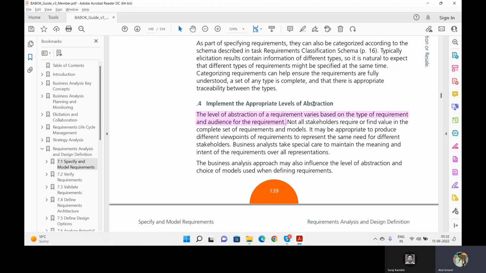If I'm talking to the end user, I'm not going to show him all the requirements. I'll just show him the 2 lines which are required for him to understand. But if I'm talking to the operation manager or the team lead or the program manager, then I have to give enough details so that he can understand all the requirements and help me to implement that abstractions part.